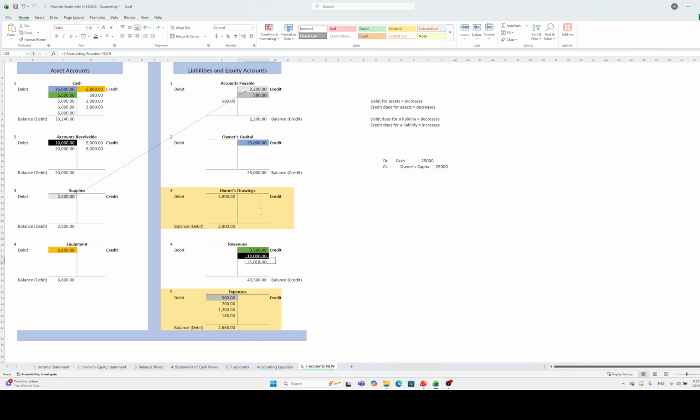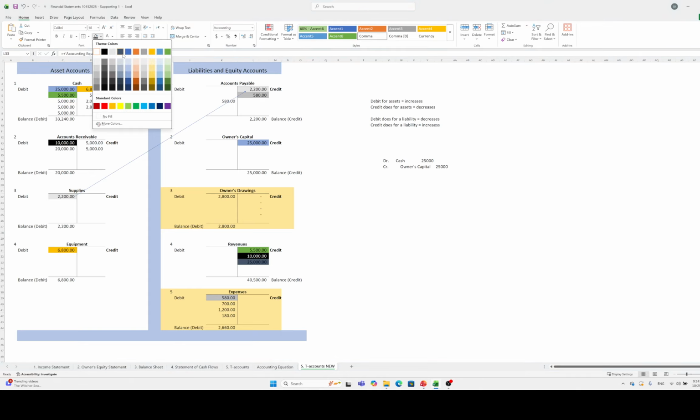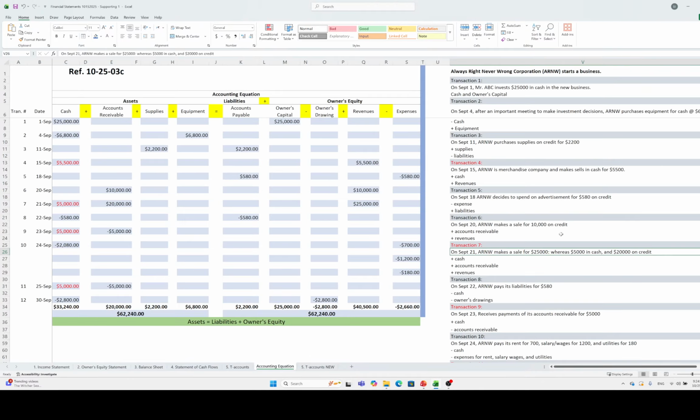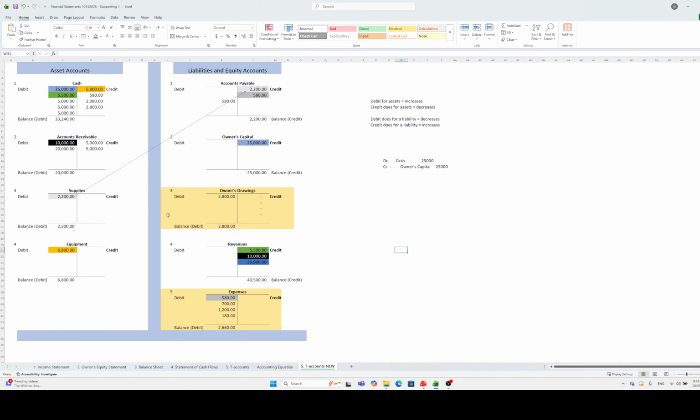So the sales is $25,000. Let's start with that one here, credit here, and then let's go back. It says $5,000 in cash and $20,000 on credit. So accounts receivable. So cash is $5,000, then accounts receivable $20,000. You see that these three accounts, they are all related.